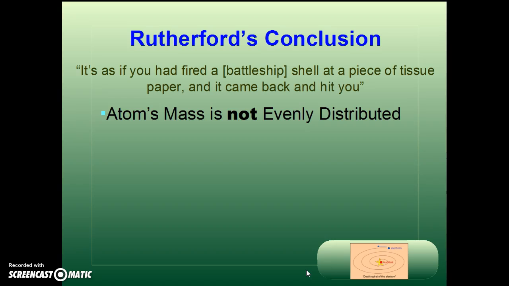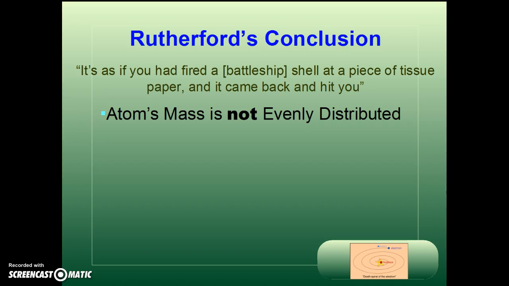So he reasoned that since most of the alpha particles went straight through, there was not a lot in there, not a lot in the volume that was dense, but that there was a part of the atom that was very dense.